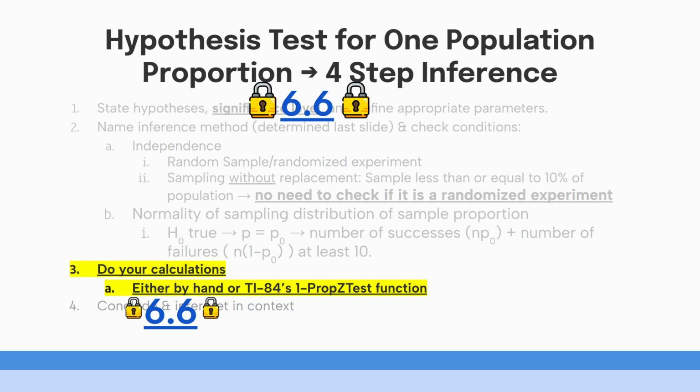Then you input your alternate hypothesis: whether the true proportion is not equal to our null hypothesis, less, or greater. You input that, click calculate, and it'll give you your z statistic, which we'll go over, and it'll also give you the p-value, and we'll go over how to interpret that soon.